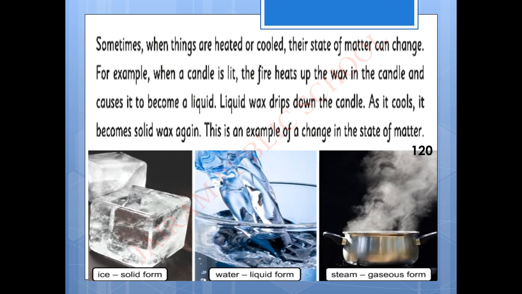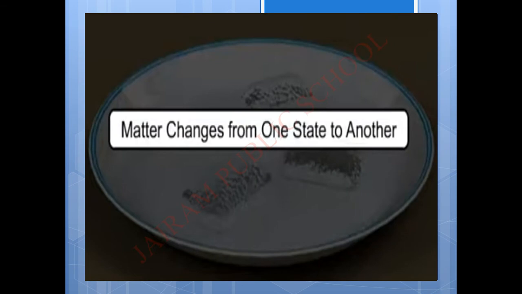For example, ice cubes are in the solid form. Water is in the liquid form. When it is heated, it becomes a gas, so the steam is in the gaseous form. Now let us learn more about how things change from one state to another using water as an example.